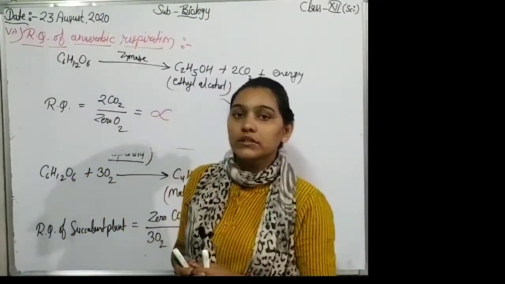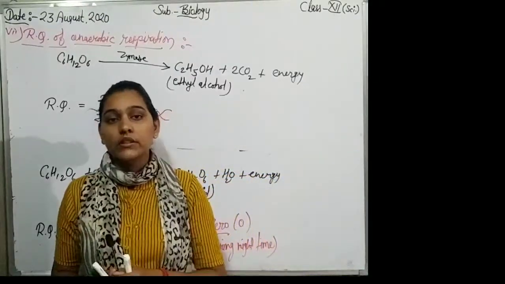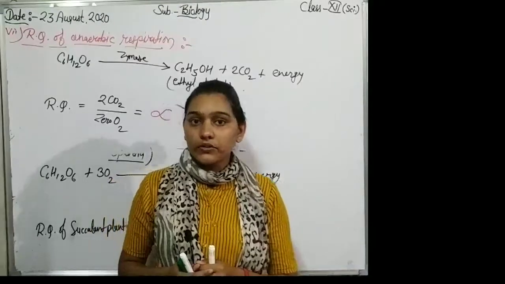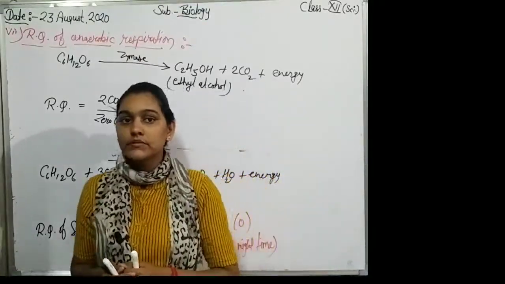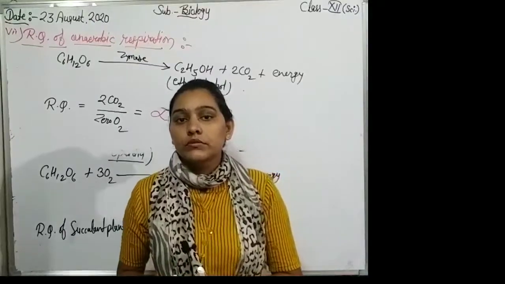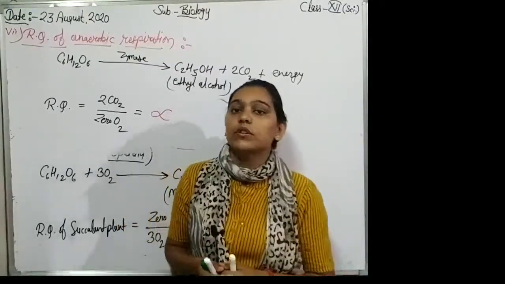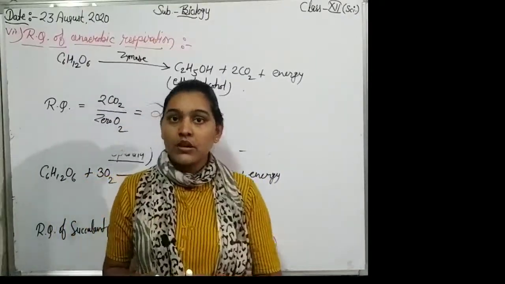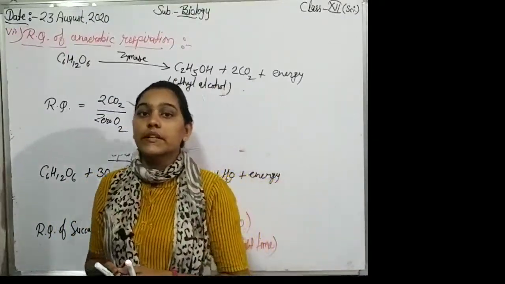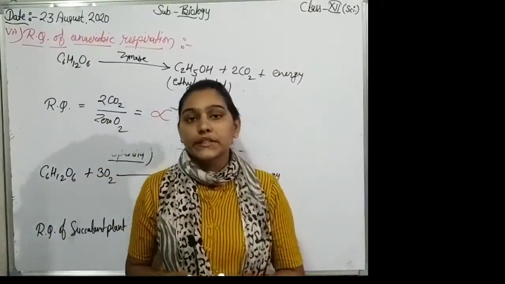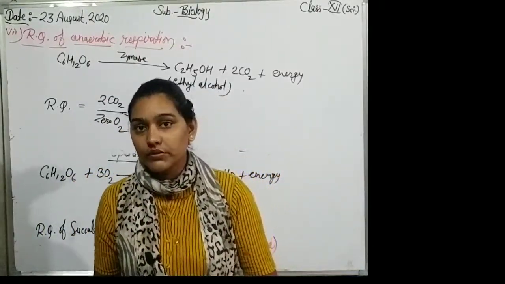RQ of protein is also less than 1, between 0.7 to 0.9, and RQ of organic acids is more than 1. For example, RQ of oxalic acid is 4, RQ of malic acid is 1.33, RQ of citric acid is also 1.33, and RQ of succinic acid is 1.41.